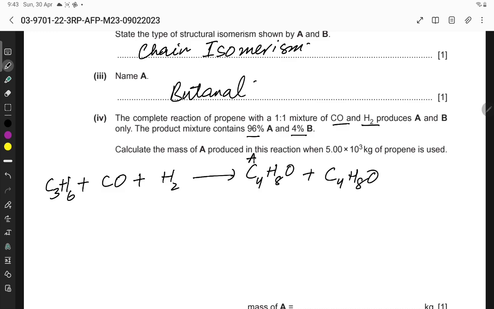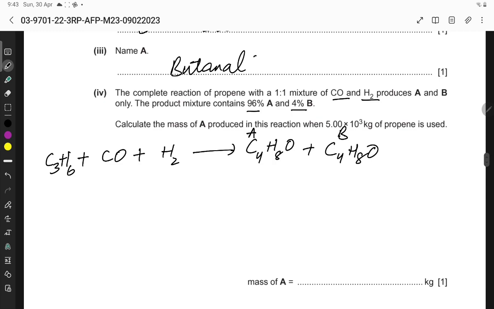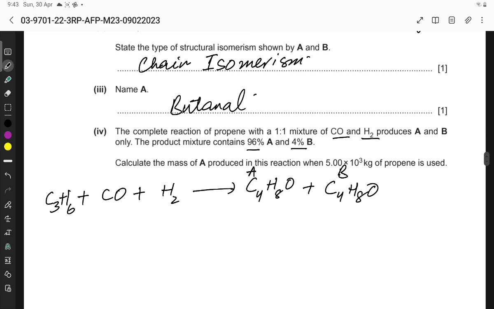This is A, this is B. This is 96% and this is 4%.